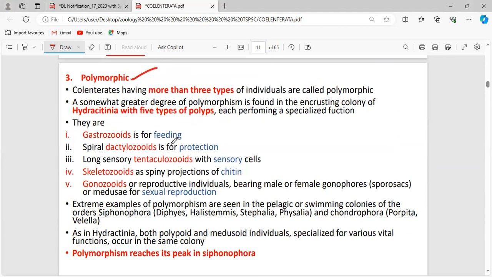And what does polymorphic mean? Polymorphic means more than three types of individuals. If the coelenterates exhibit more than three different types of individuals... Yes, gastro for digestion, gonad for sexual function.